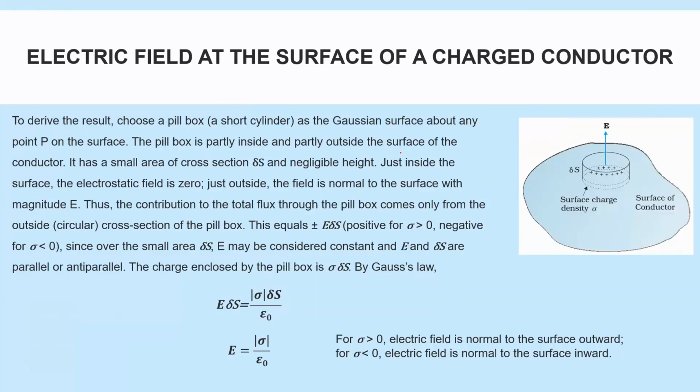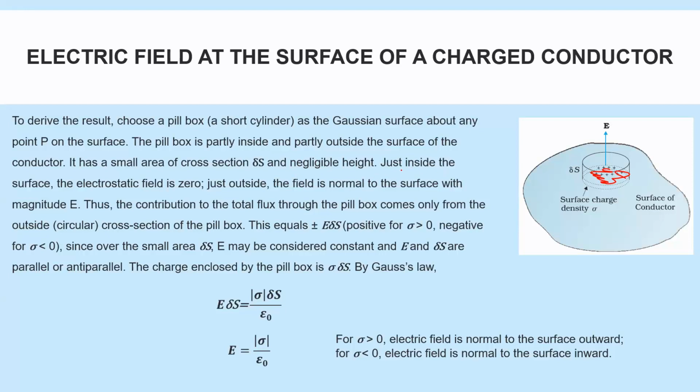So for finding the electric field at the surface of a charged conductor, we are going to consider a Gaussian surface in the form of a short cylinder. This short cylinder is partly inside and partly outside the surface. It is enclosing a cross section, which is del S, and the height we are ignoring.